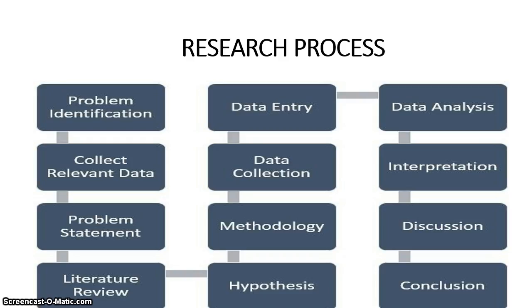Then from there you will come up with a research framework or conceptual framework. Conceptual framework for your research is based on your theories. And then you will identify your dependent variable and independent variable. Of course, first you need to identify your independent variable and also your dependent variable from your conceptual framework that you have drawn out earlier.